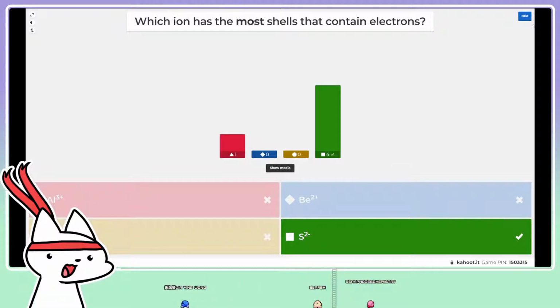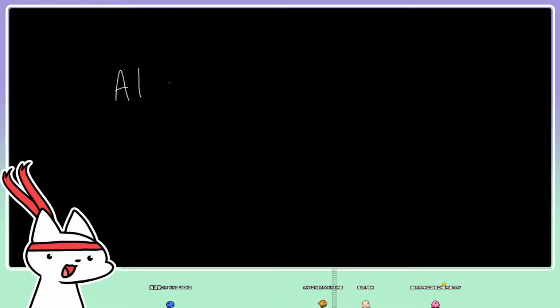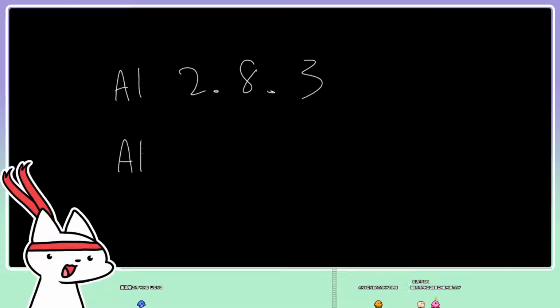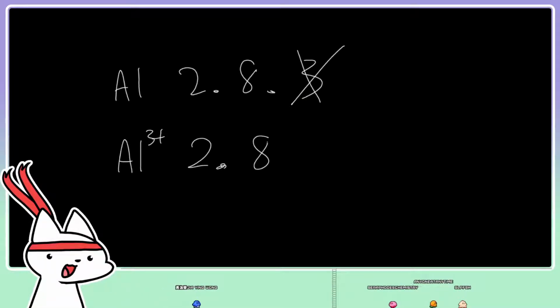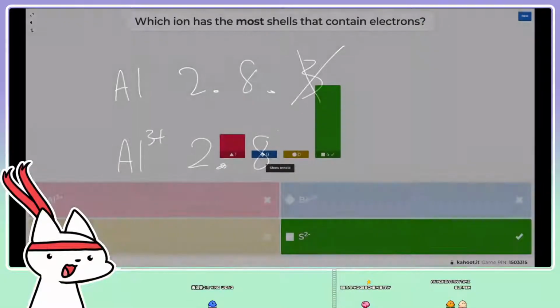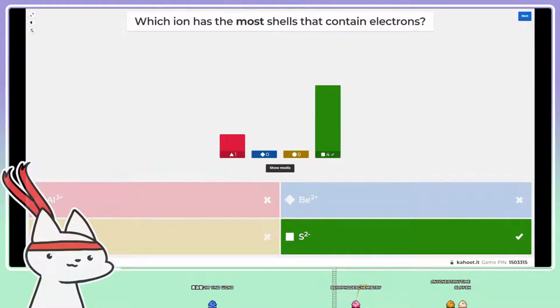In this case, if you look at number 1, aluminium normally should have 2,8,3, but due to the 3 plus, the 3 got thrown away to form 2,8. So because of that, it only has 2 shells.